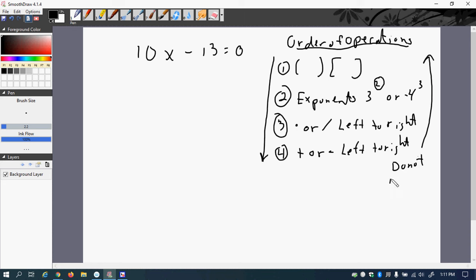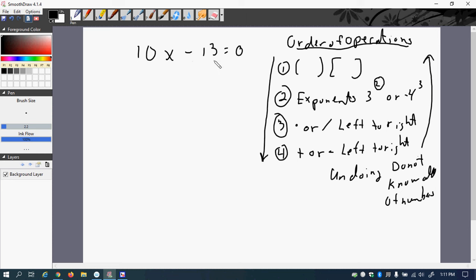And we call that the undoing. An undoing is basically, whatever I see, I'm going to do the opposite of what I see to undo it. And that's the case here.